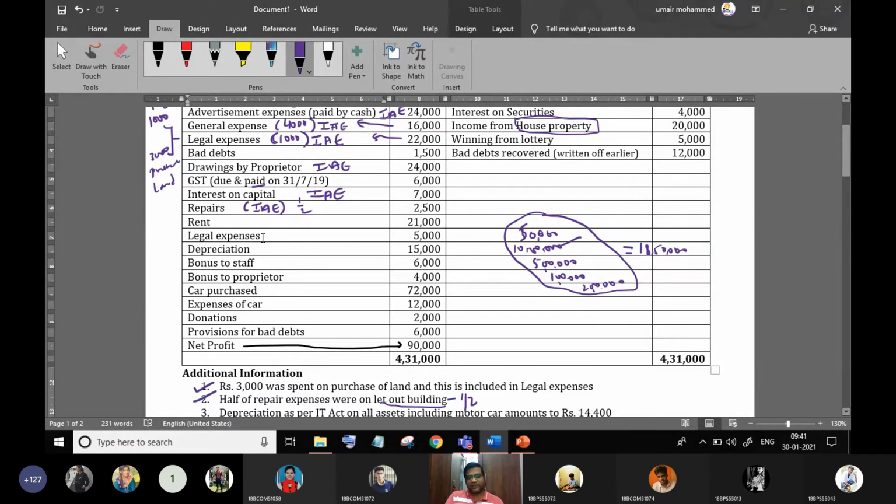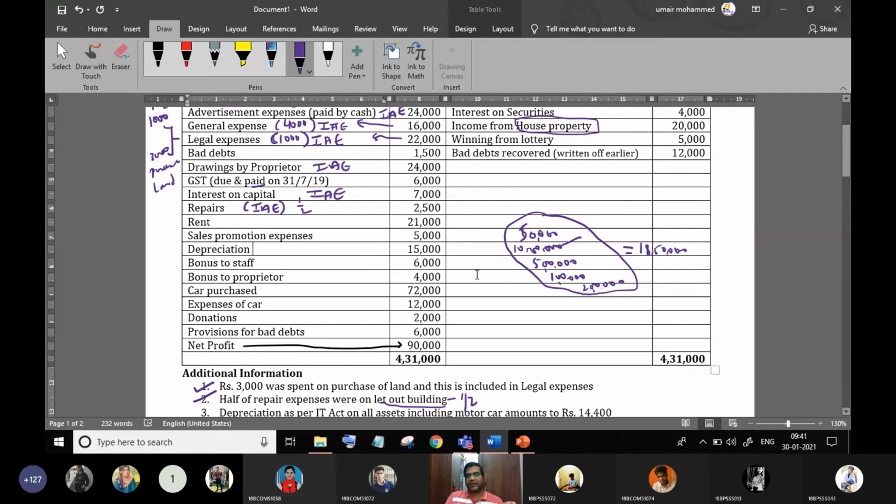So probably I would have repeated while typing. So let me just quickly change it, and you can also make a note in your notes. We will write it as some other expense, right? So let's write this as sales promotion expense.